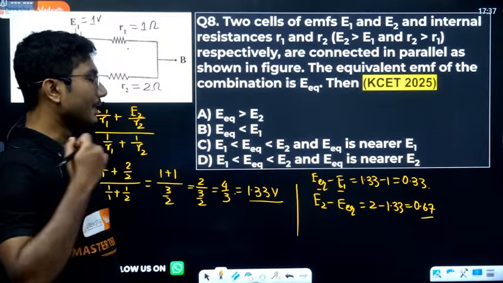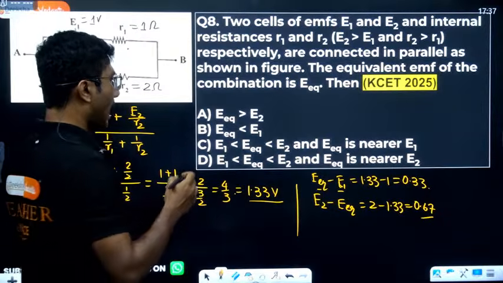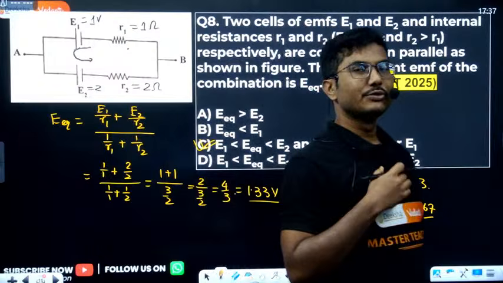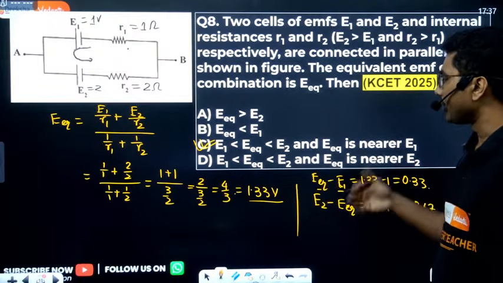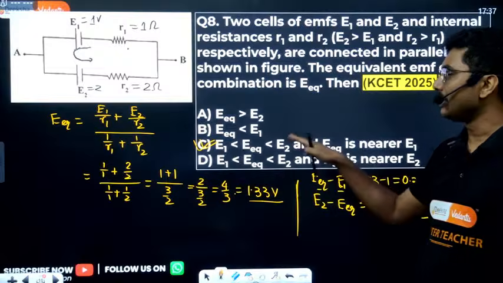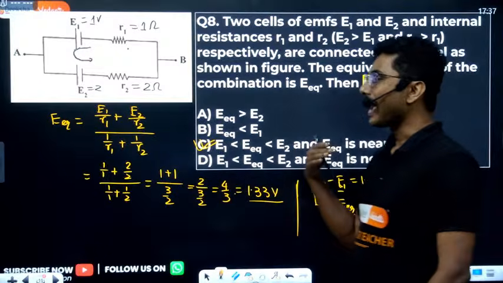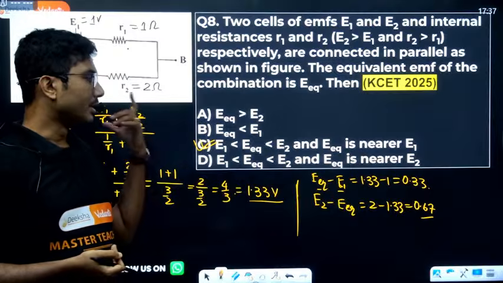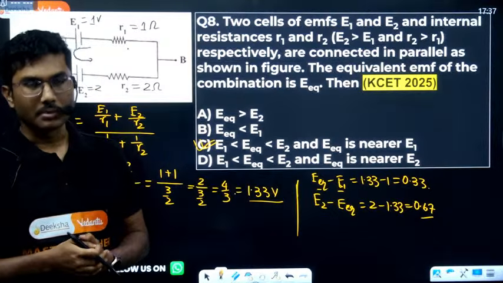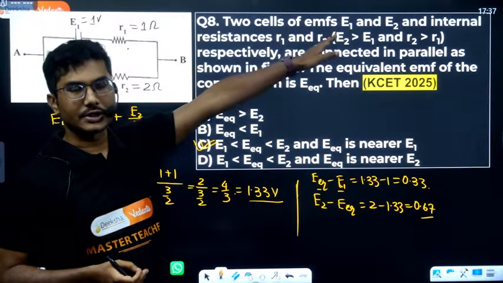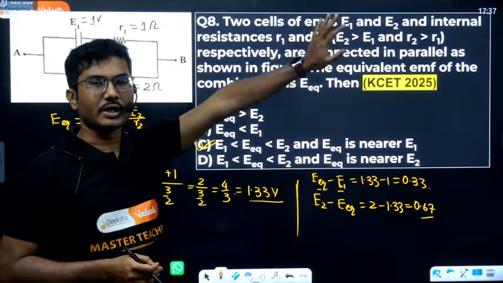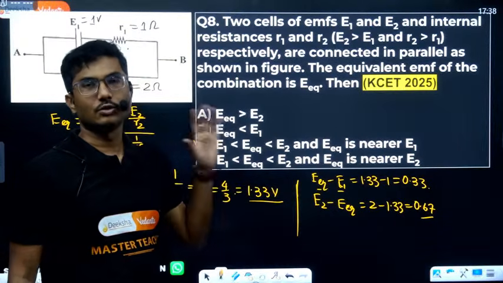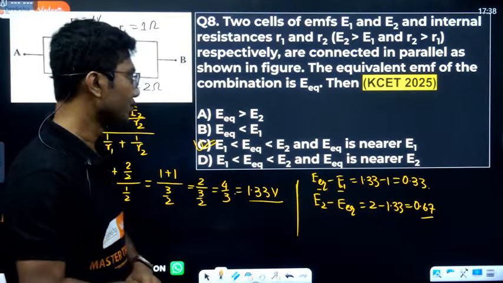Even though we have used values 1 and 2, you can use any other values and you will always get the same result: the final EMF is between these two values and always nearer to the smaller value, if the condition E2 greater than E1, R2 greater than R1 is satisfied, no matter what values you choose, right?